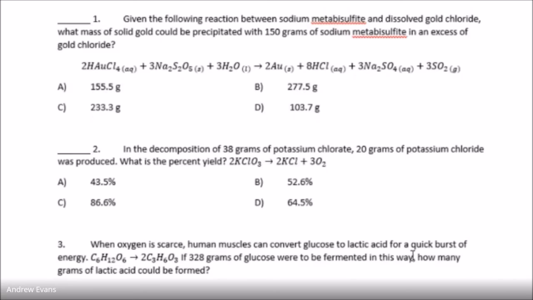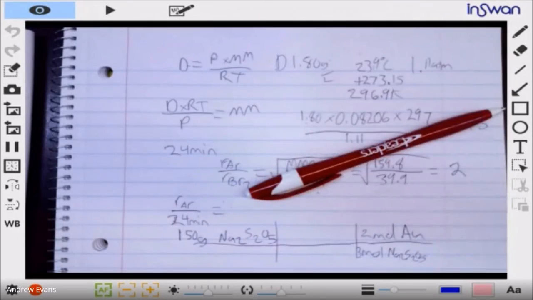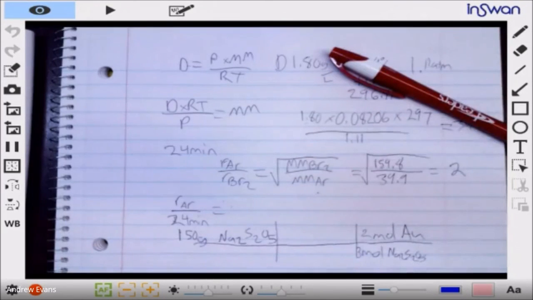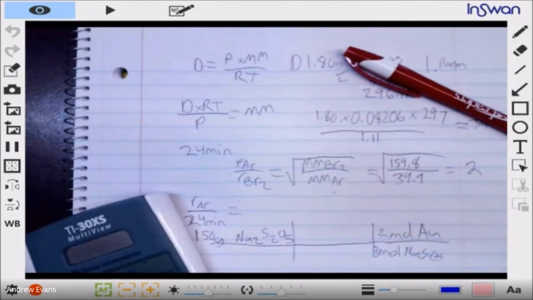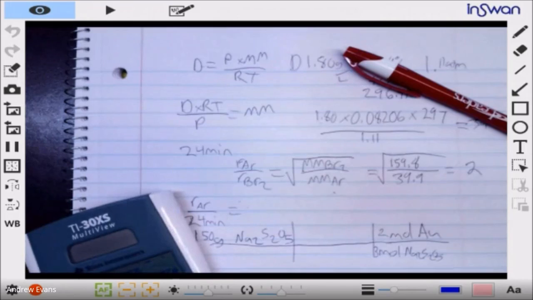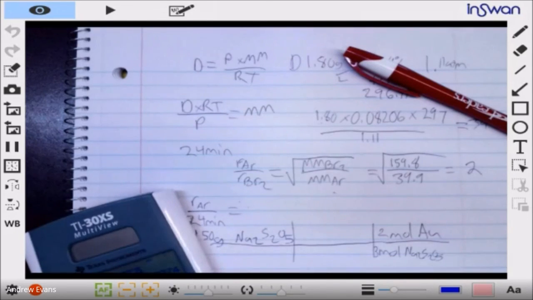You're going to have to look up some stuff. This is like, oh, I have to go and figure out some of my molar masses. Thankfully, I know most of these. Sodium is 23. 23 times 2. Sulfur is 32. 32 times 2. Oxygen is 16. 16 times 5.